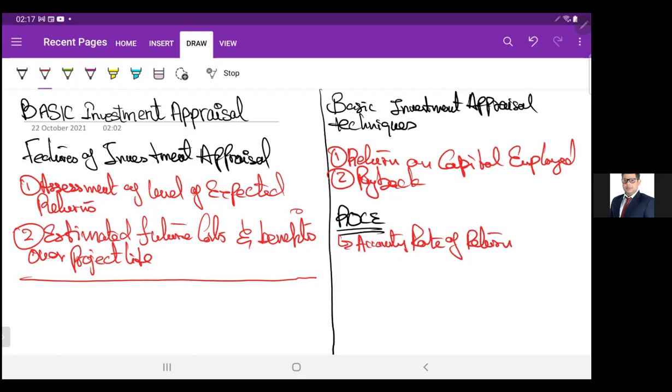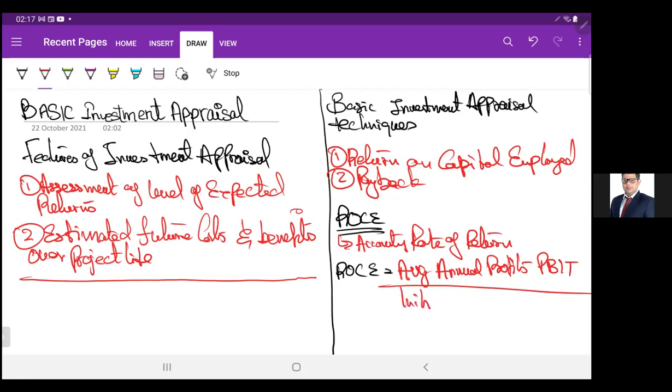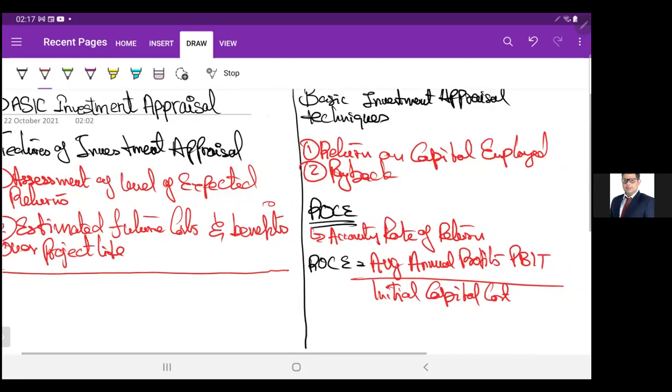The formula to compute ROCE is equal to average annual profits, profit before interest and tax, divided by initial capital cost, multiplied by 100.